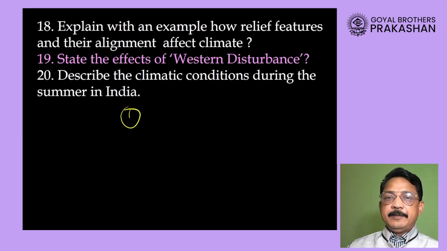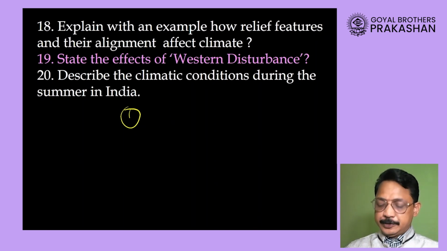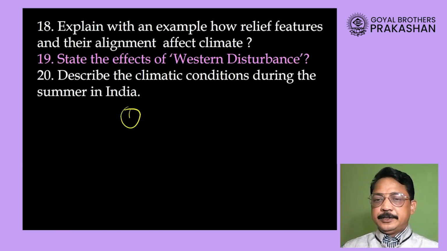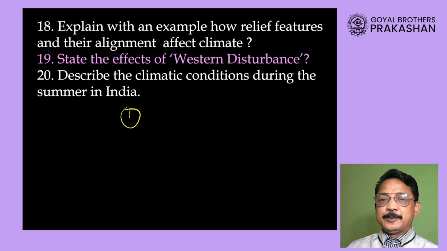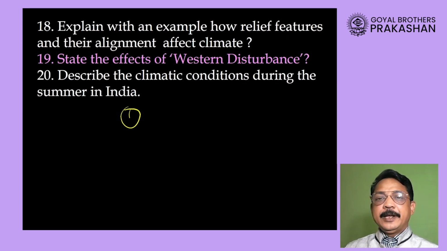So what is the effect of this? So this is causing rainfall in Punjab and Haryana and snowfall in Jammu Kashmir, and this is how decreasing the temperature in Jammu Kashmir. Effect number two, the effect is now this rainfall is good for Rabi crops, especially wheat crop in Punjab and Haryana region, okay, during winter time.